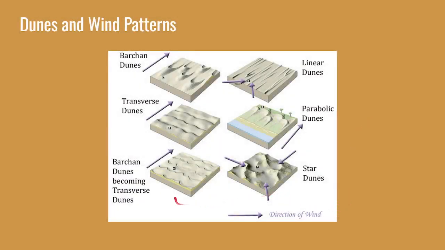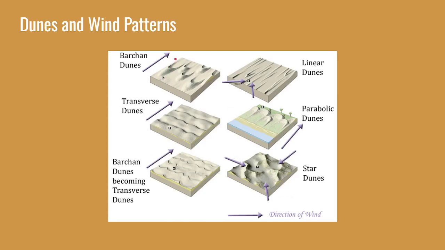And as I said, there are a variety of dune forms. There's Barchan dunes, transverse, hybrids, linear dunes, parabolic dunes. But all of these examples here, their steep side is downwind, their shallow side is upwind. So if you want to infer wind direction from dunes, look at the steepness of the two sides.